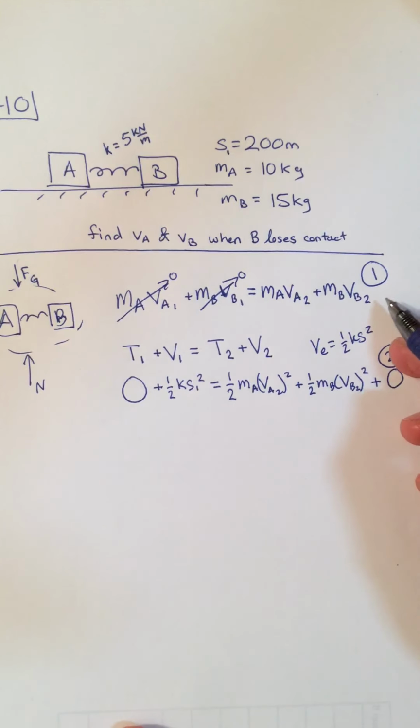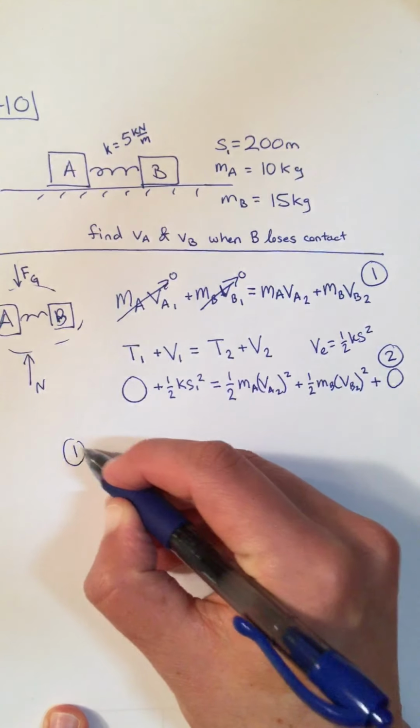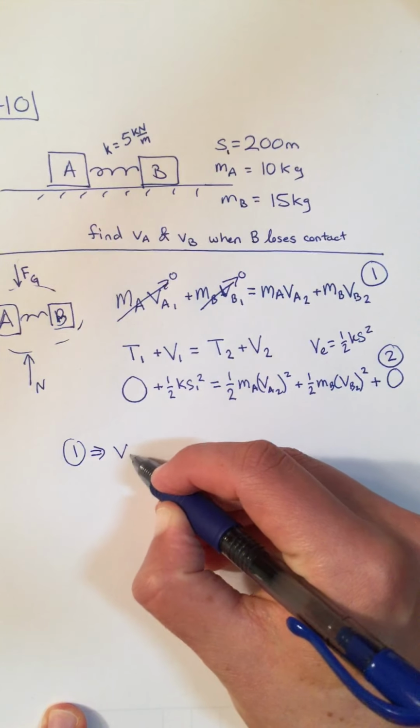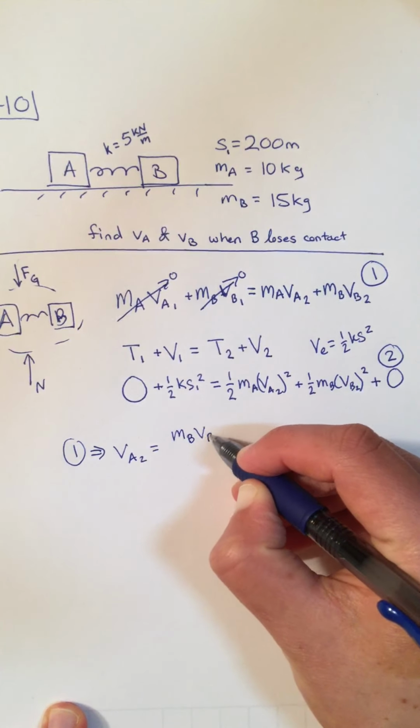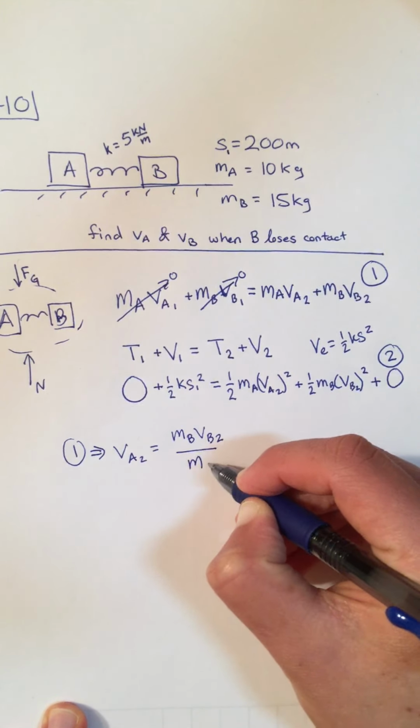So let's take equation 1 and solve it for VA2. So we have VA2 is equal to MB VB2 over MA.